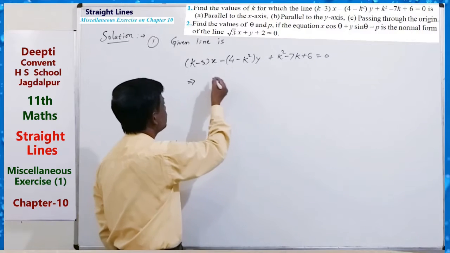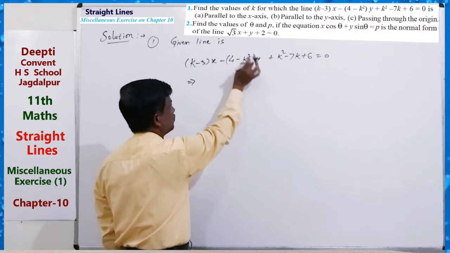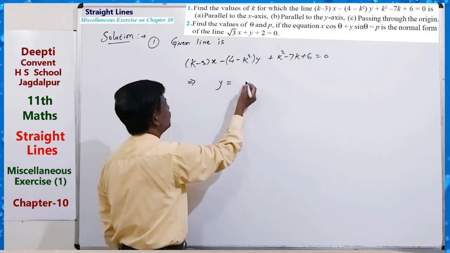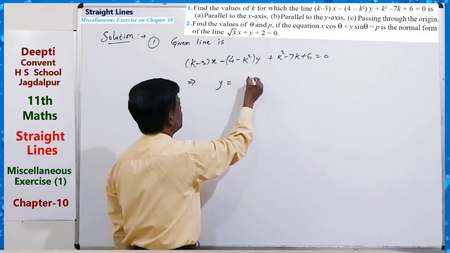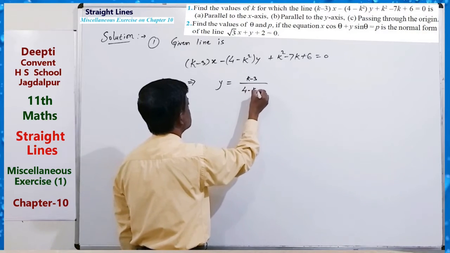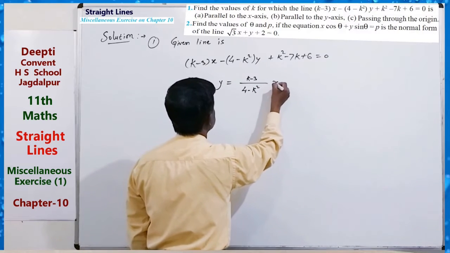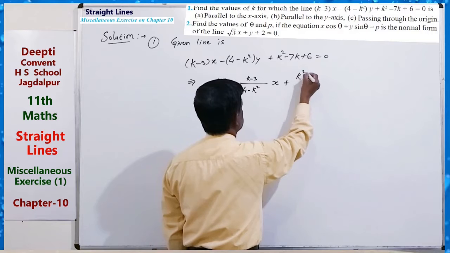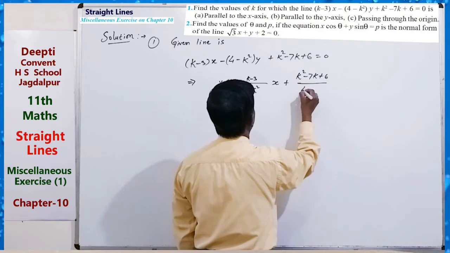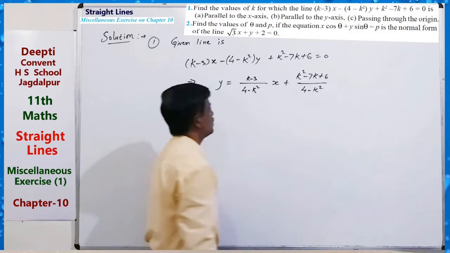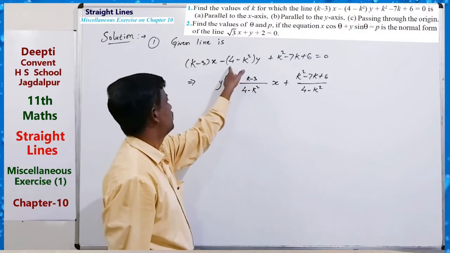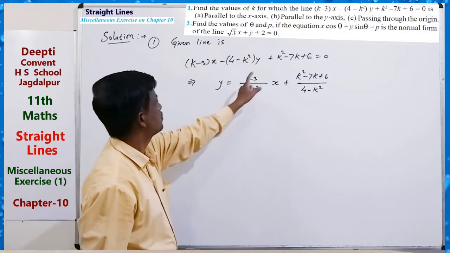Transferring to the right hand side, y equals minus (k minus 3) upon (4 minus k square) x minus (k square minus 7k plus 6) upon (4 minus k square). We divide by 4 minus k square.